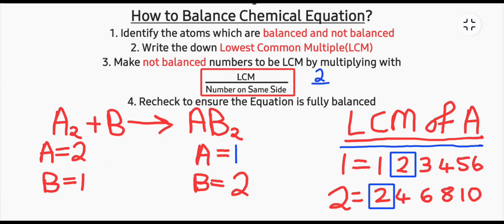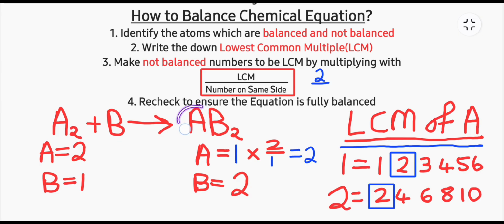So create an LCM by multiplying with 2 over the number on the same side, 1, which equals 2. Now that I want this to be an LCM, I will take this and multiply in front of AB2.